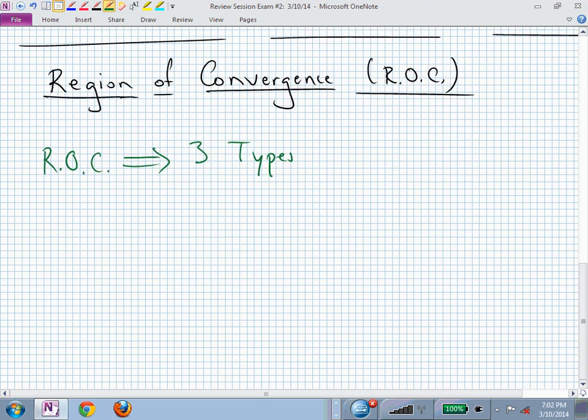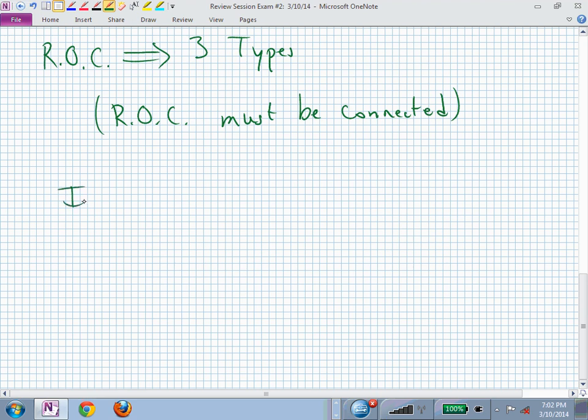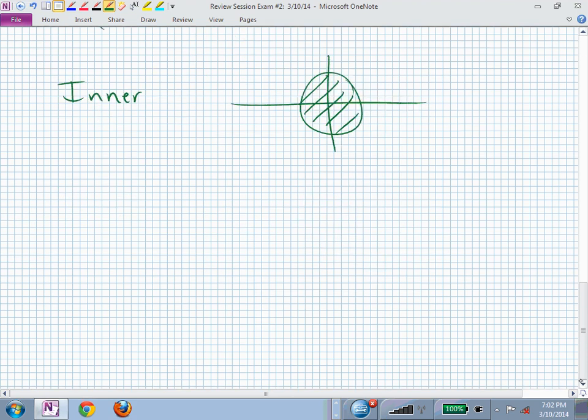Any of these regions of convergence, no matter which one, is connected. We cannot have 2 pieces of the region of convergence that are disconnected. I'm going to say we have an inner region of convergence that looks like that. We have an outer.